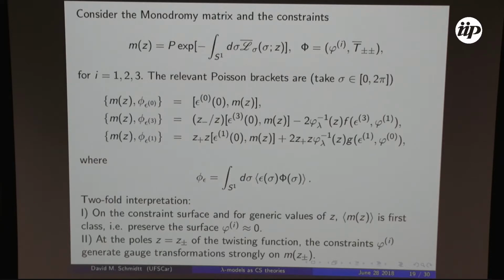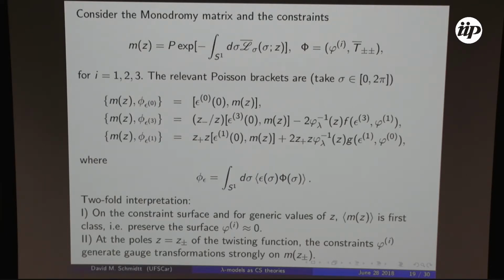So this has a twofold interpretation. It means that if I consider these expressions weakly, by imposing the constraints, the traces of the monodromy matrix are first class objects, so we can preserve. So all the symmetry flows generated by the conserved charges of this monodromy matrix preserve the evolution, or preserve the constraint surface, which is what we wanted.